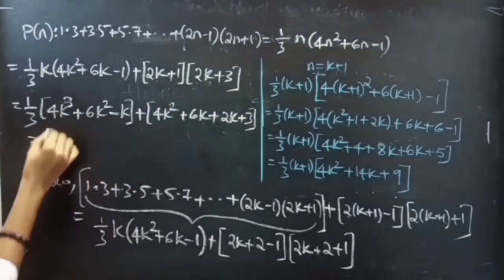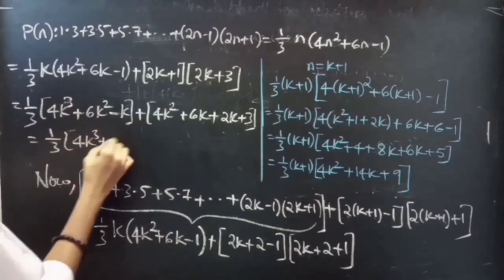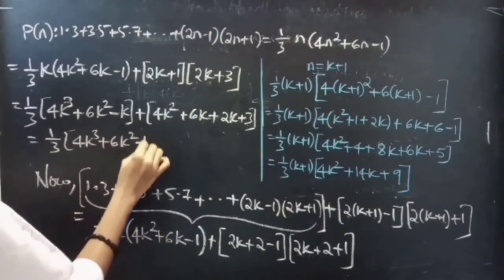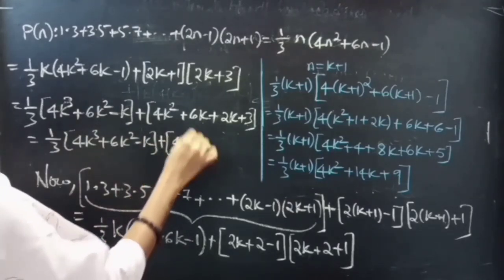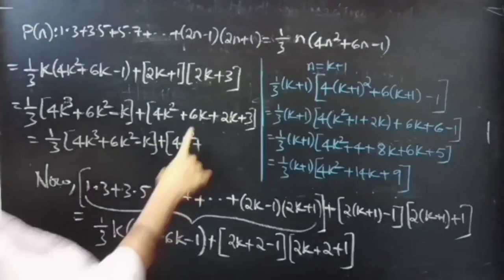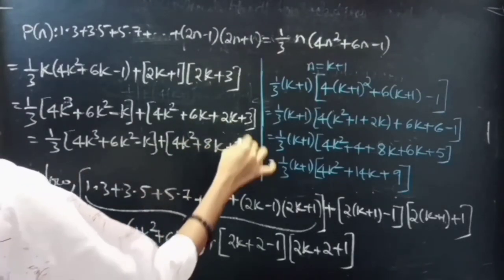So this equals 1 by 3 into 4k cube plus 6k square minus k plus 4k square plus 6k plus 2k is 8k plus 3.